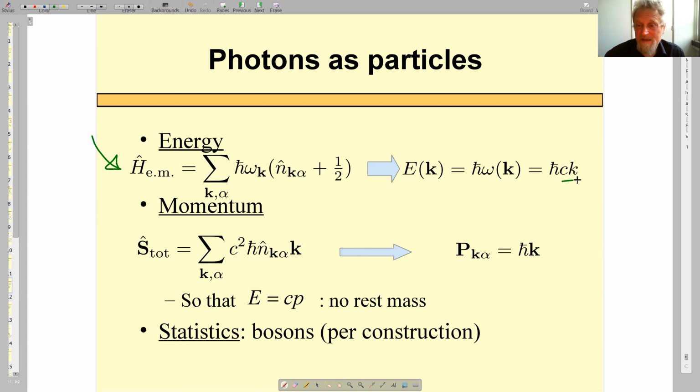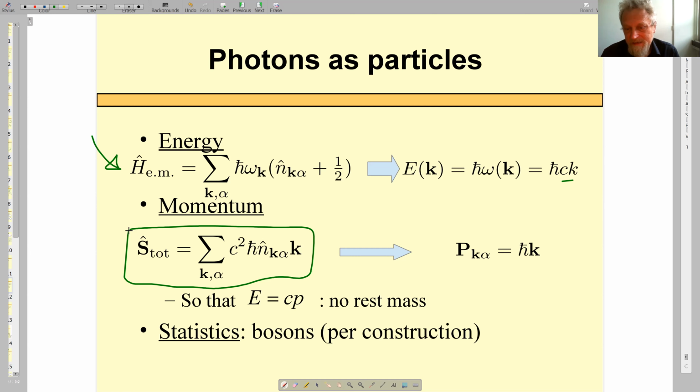Momentum. To get the momentum, it's good to consider energy flow. And for that, we would express the Poynting vector in terms of the number of particles, which will allow us to find the value of momentum. Good, we obtain that energy is just proportional to momentum.